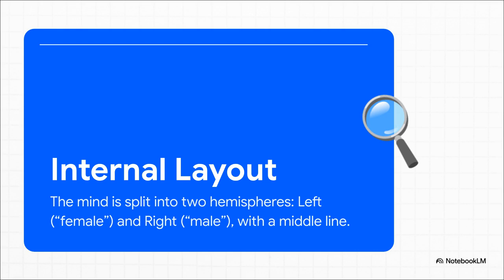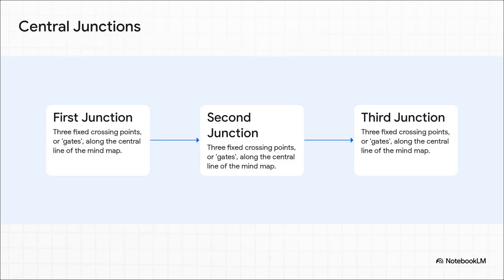Think of them as just map coordinates, kind of like port and starboard on a ship. They're just directional tags. And separating them is a central middle line. And right along that central line, the model places three fixed junctions. For now, we don't really need to get into what they do. The key thing is that they act like stable landmarks on our map, fixed points that let all the grammatical instructions figure out where they are.